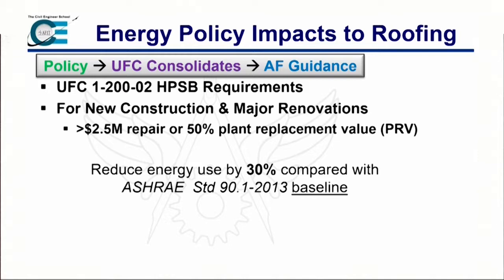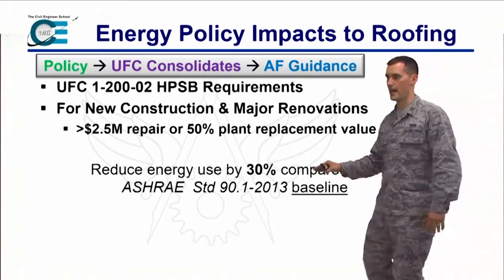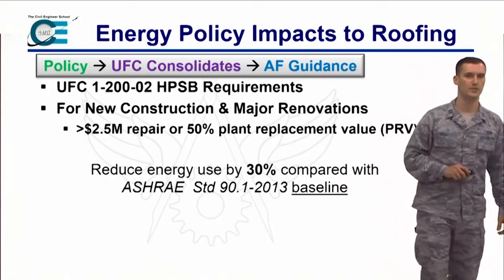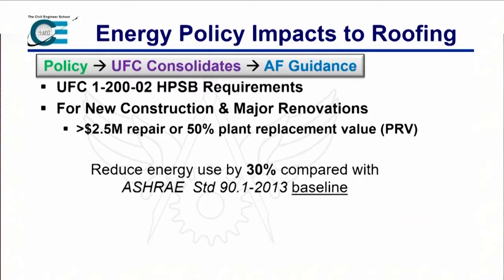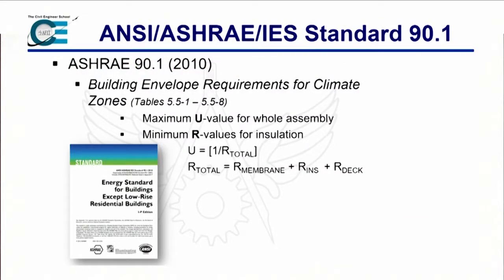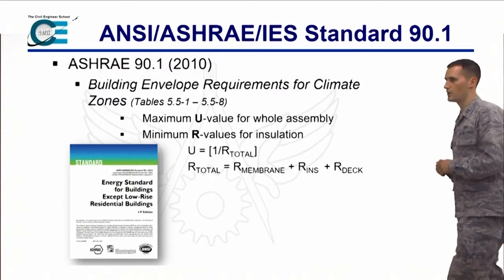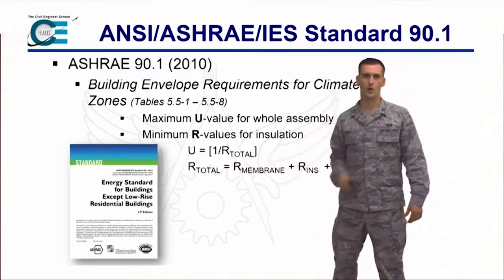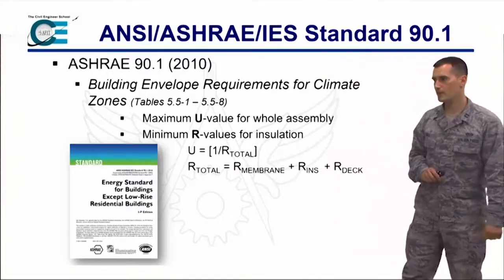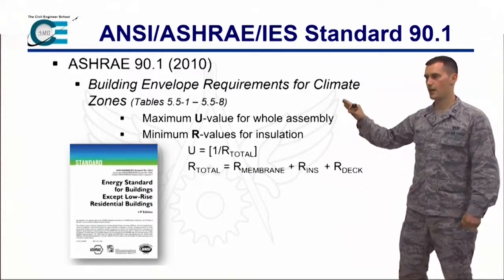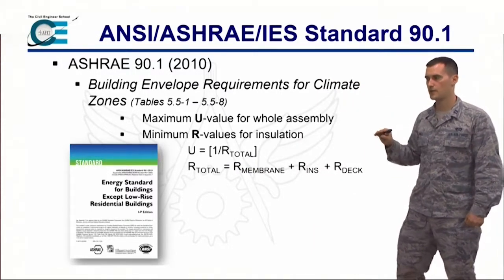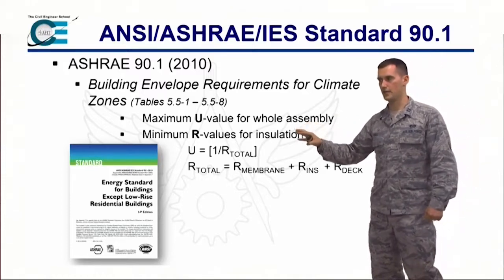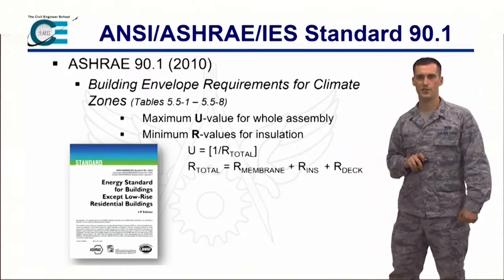But for new construction and major renovations, we need to be 30% better than standard ASHRAE 90.1. So that's really kind of the goalpost for us. And I talked about what ASHRAE standard 90.1 was. It's that standard for buildings except for low-rise residential. And this gives a variety of things based upon climate zones. It gives the maximum U values. It gives minimum R values for insulation.